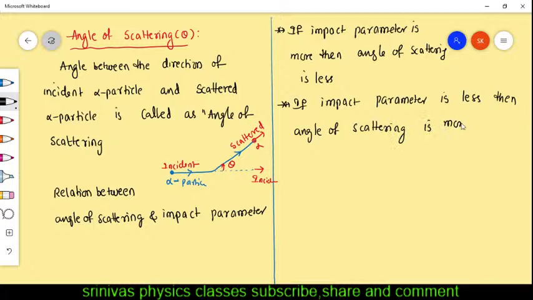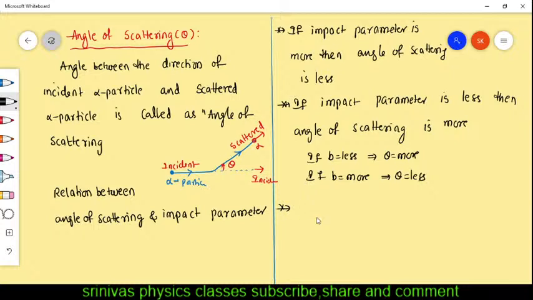Okay, it was very simple. If b is less, theta is more. If b is more, theta is less.